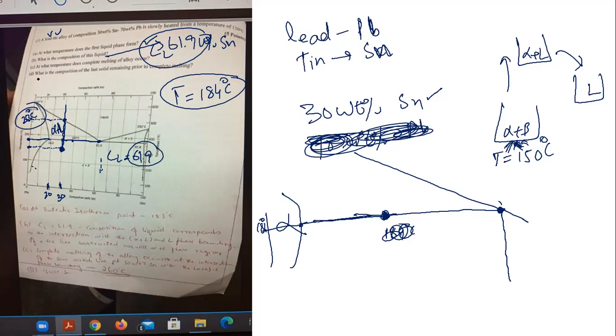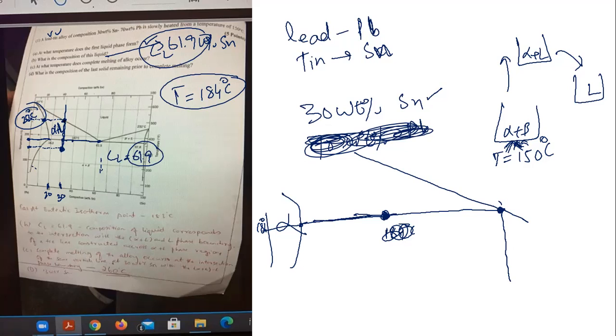And it asks what is the composition of the last solid remaining prior to complete melting? At this point you notice how much weight percent of alpha there is. This corresponds to fully melted.